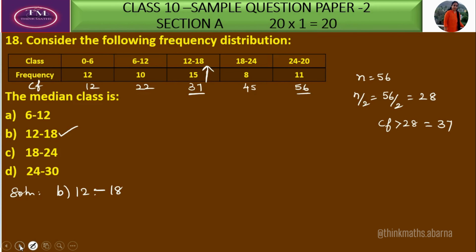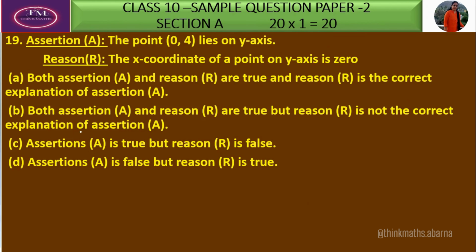So moving on to the assertion and reason based question. So here, what is the assertion? The point 0, 4 lies on y-axis. The reason: the x-coordinate of a point on y-axis is 0. So first let us check the assertion. The point 0, 4.